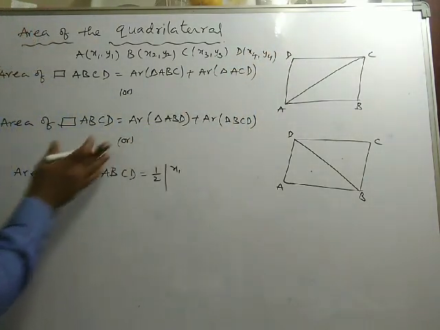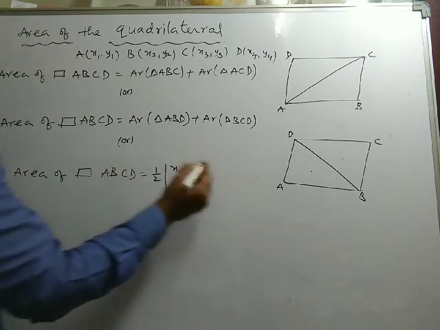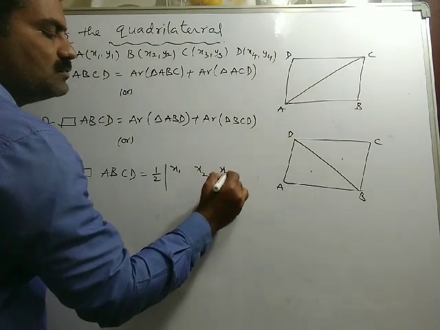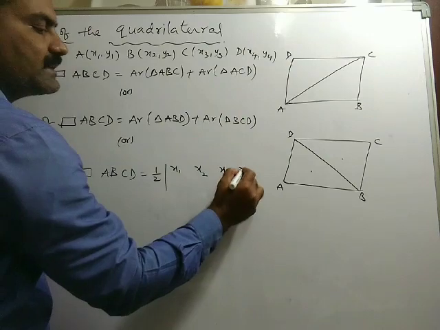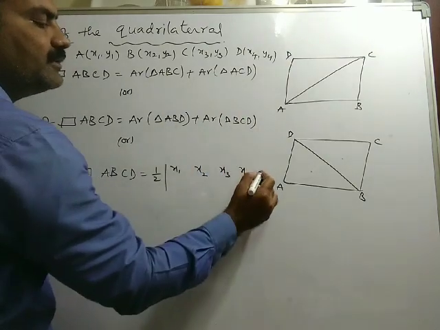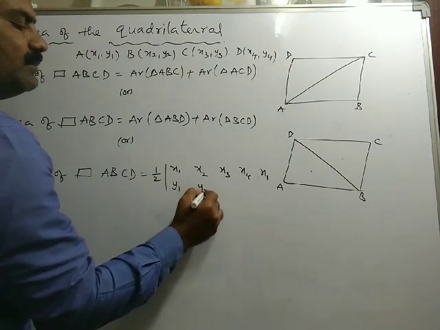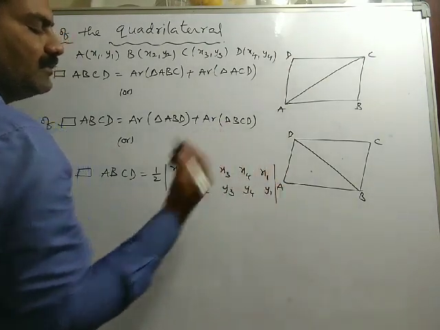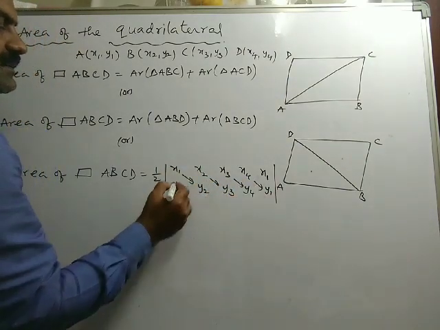Now the technique we used earlier for the area of a triangle: write all the x coordinates, that is x1, x2, x3. Because it is a quadrilateral we have x4 also, and finally we need to repeat the first one, x1. In the same manner y1, y2, y3, y4 and y1. The rest of the method is as it is.